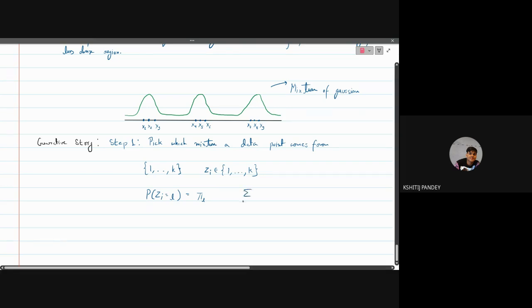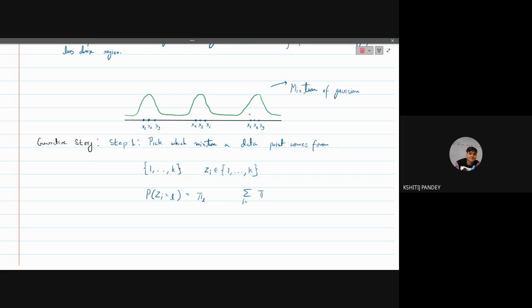So for a given point, if you sum all the pi's, when i is equal to 1, this is the probability that the point belongs to the first mixture. When i is equal to k, what is the probability that the data point belongs to the kth mixture here.